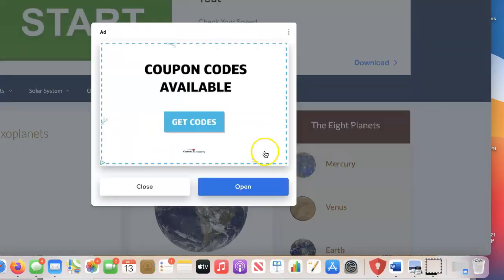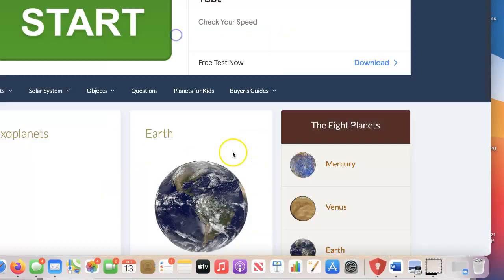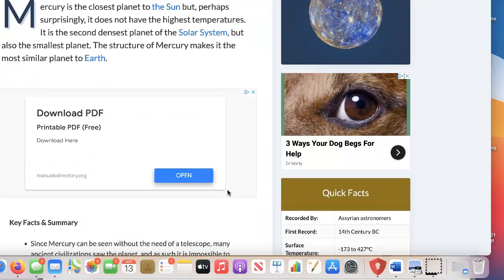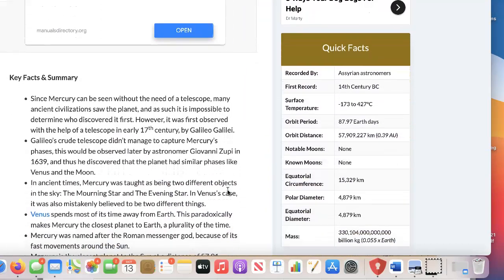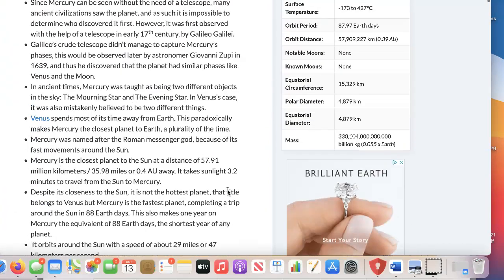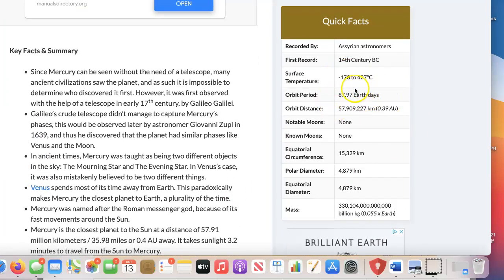You can click on the 8 planets and compare. Mercury has a quick fact little data sheet here. You can get the range of the surface temperature, and you can also get the distance in AU, 0.39 AU.